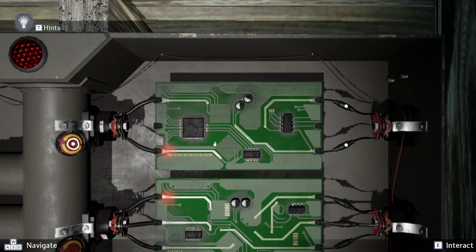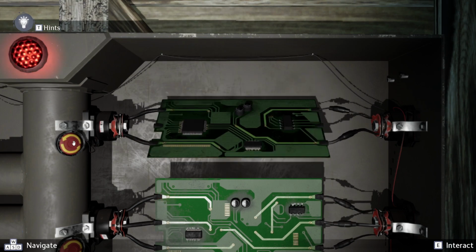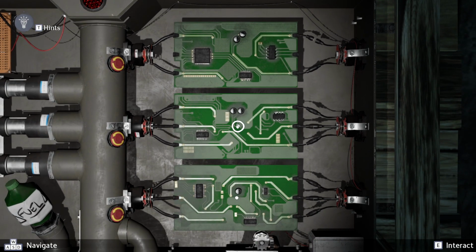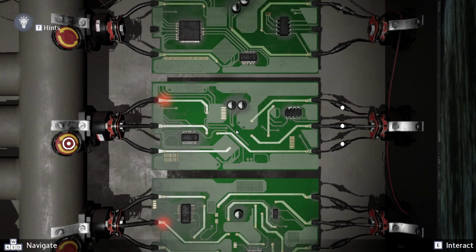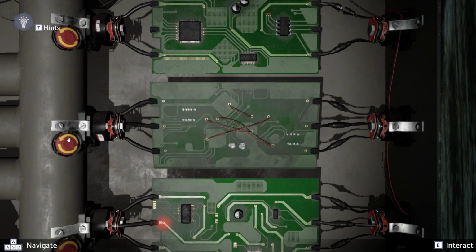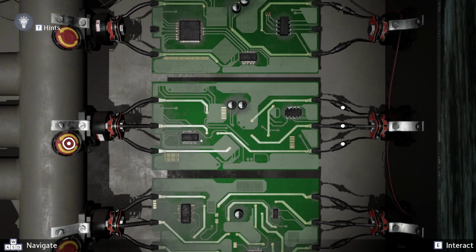Okay, which wire should I cut? Oh, this one. I think I need to cut this one. So this one is connected with this one. Okay. Whoa. All right. So okay, next one. It goes here, right? Yep. So from the bottom to this place, I think so.